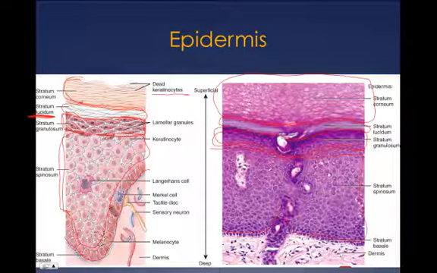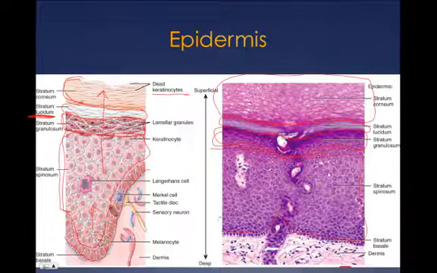Eventually, these cells will be pushed up to this top layer, and then eventually sloughed off. And this can occur because we're continually producing new cells in this stratum basal. So these cells are constantly undergoing mitosis.